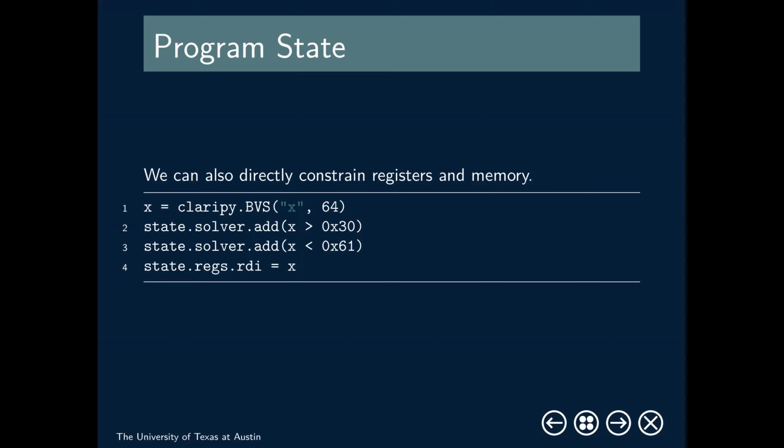Say we were creating some call state for angr. I don't know, maybe we're calling a Fibonacci function or something like that. And we could constrain the input to the Fibonacci function between 0x30 and 0x61 by doing this.